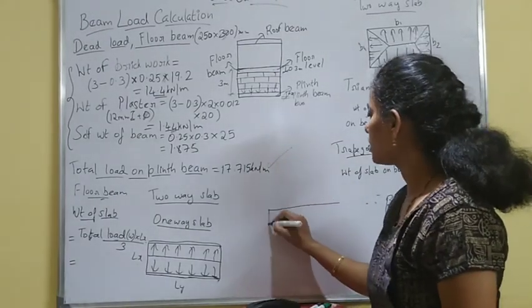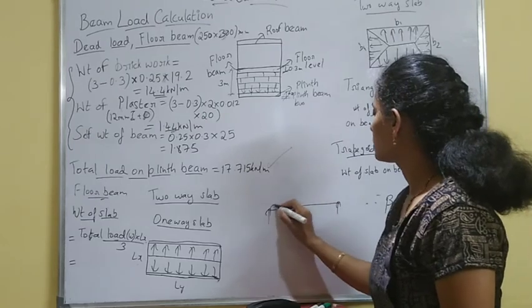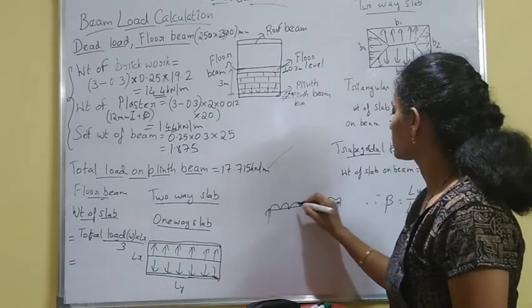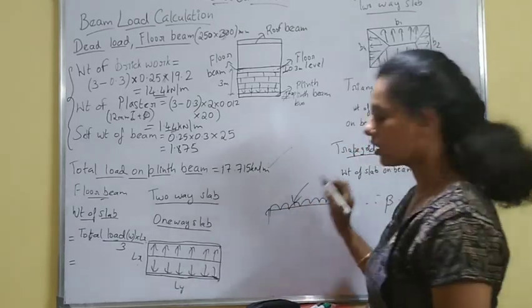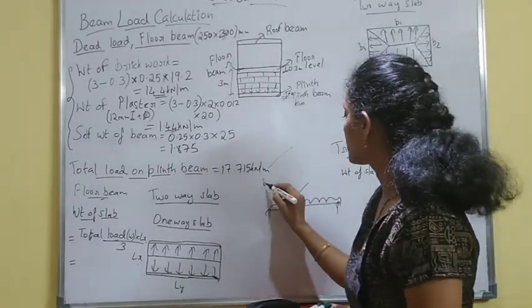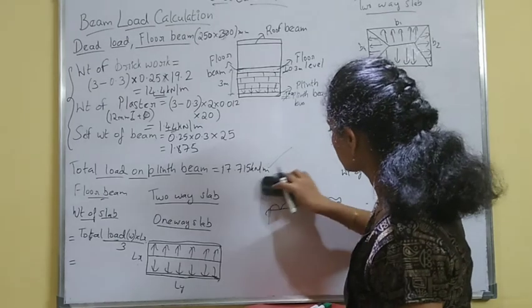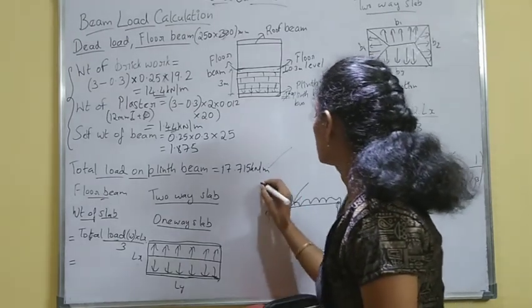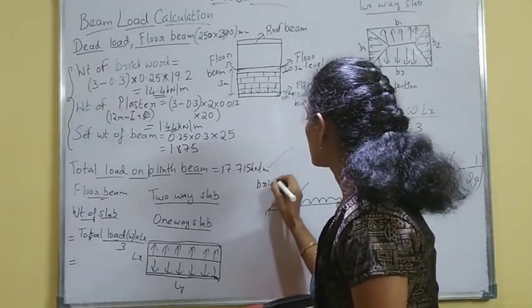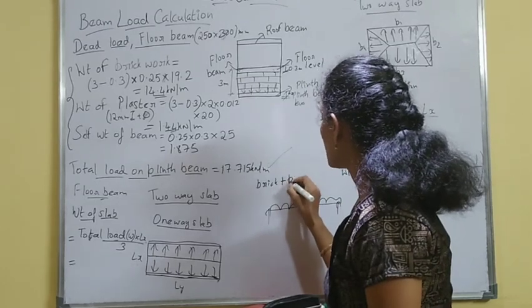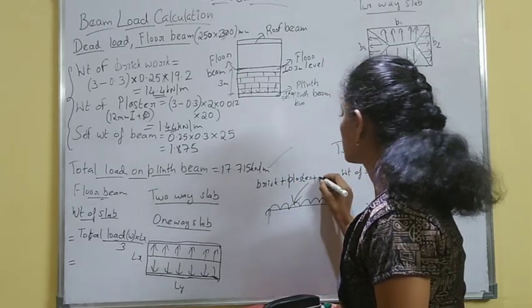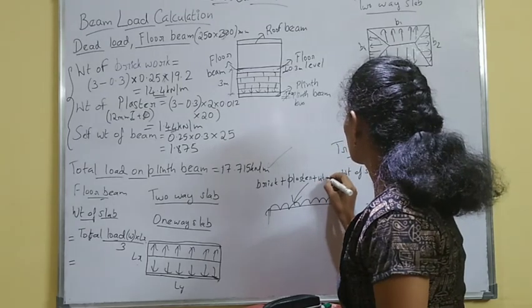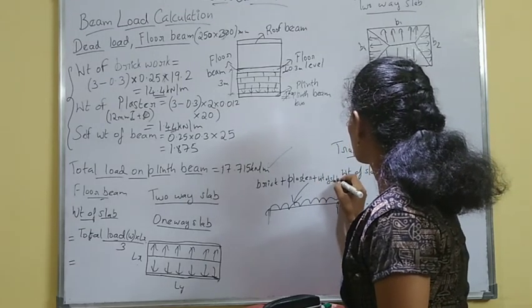Suppose this is your support and this is your beam. Here the total load you have to consider on the beam is the brickwork load plus plaster plus weight of slab.